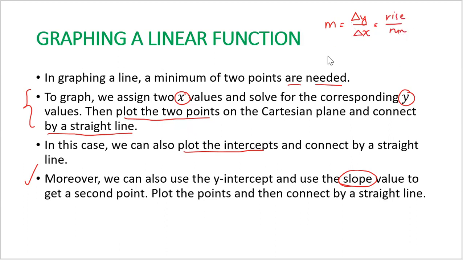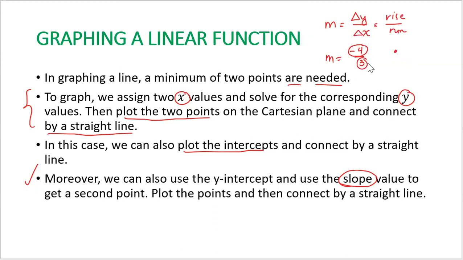So this means that if we have, let's say, a slope of negative 4 over 3, this means that the change in y is negative 4 and the change in x is positive 3.